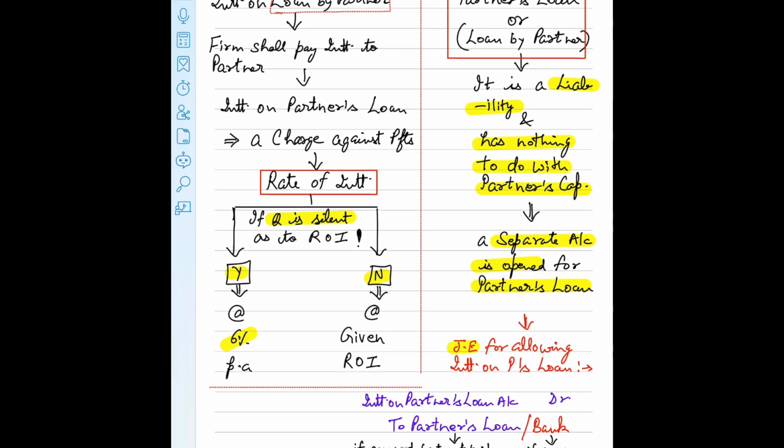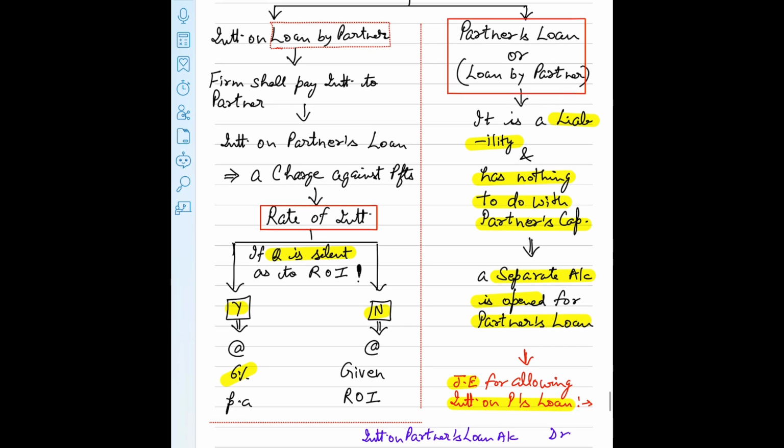Journal entry for interest on partners' loan shall be interest on partners' loan account debit, because it is an expense, to partners' loan account or bank account depending upon the status of payment. If it has been paid, you will credit bank account, and if it is accrued but not paid, you will credit partners' loan account. Any doubt? No. Based on this, we can solve the questions involving partners' loan account and interest on partners' loan account.